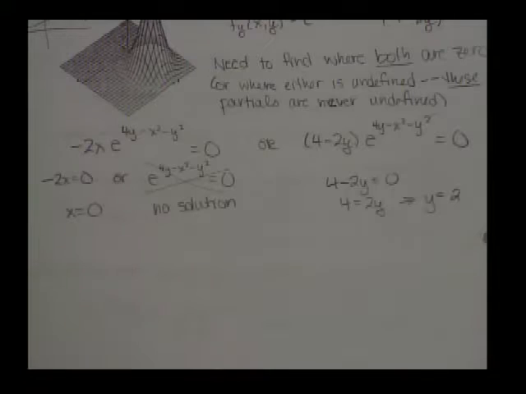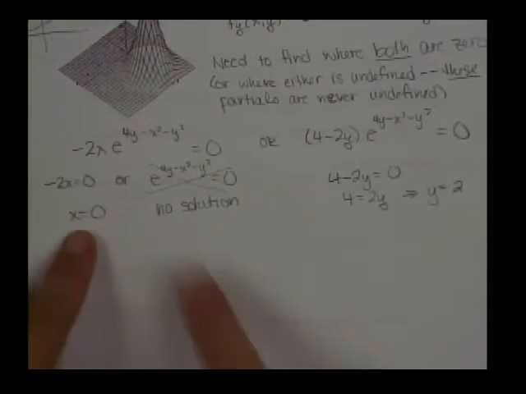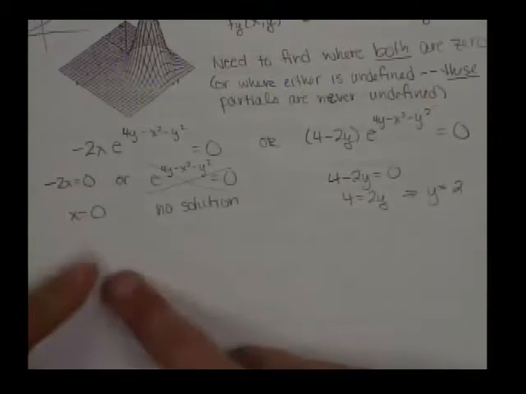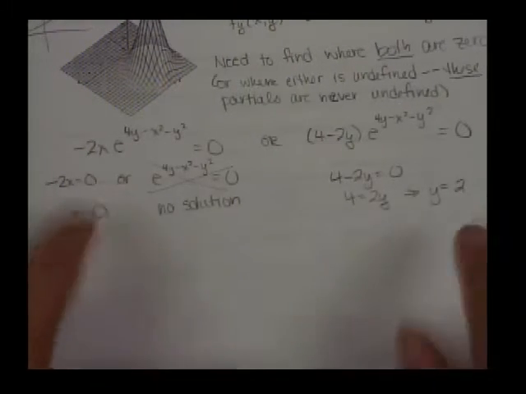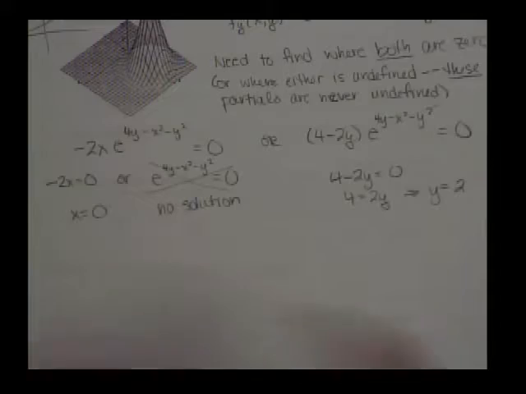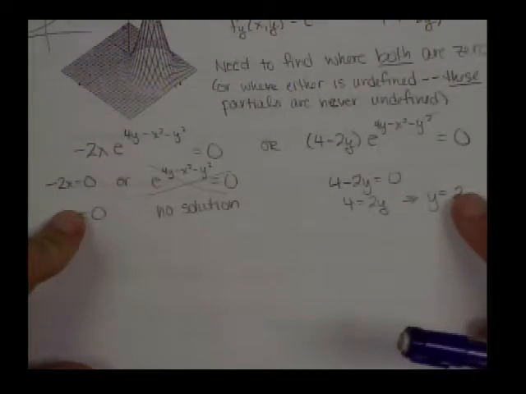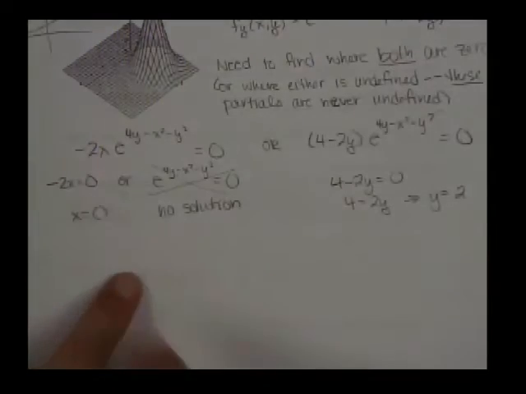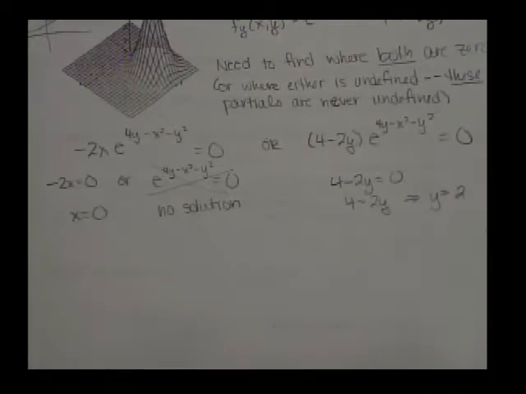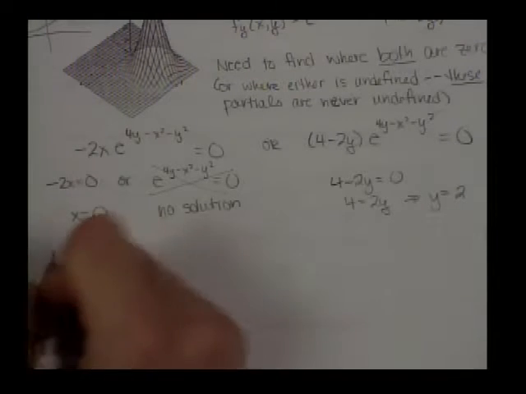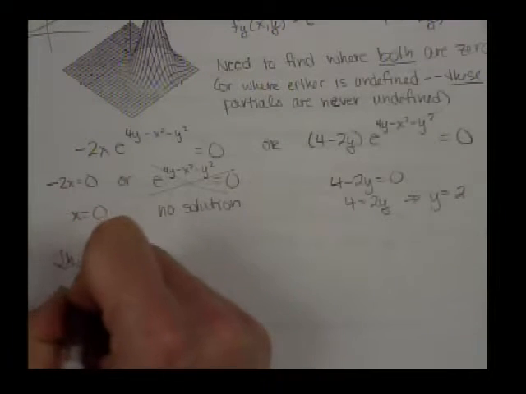Now this one we only had one x value and one y value. If we had gotten more solutions in this one, we'd have to come up with all possible pairs. So we'd have to use all the x's from this one and all the y's from that one, and vice versa. Now we just got one of each. So the only critical point for this function is 0, 2.